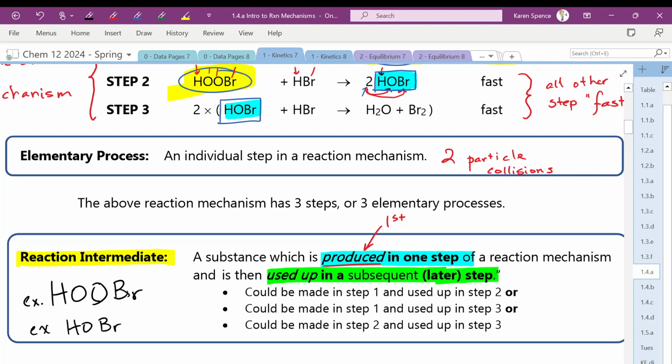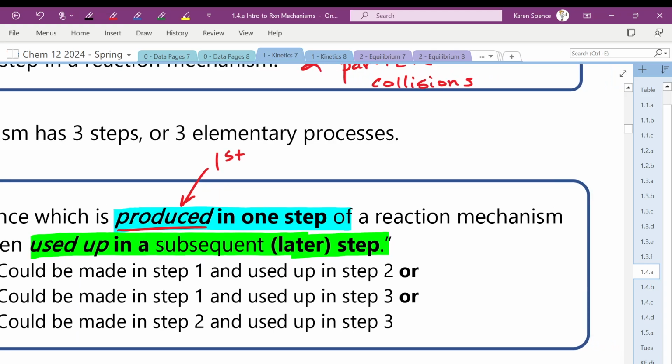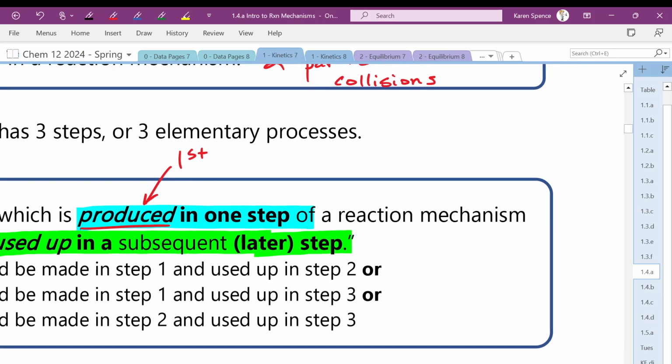in a subsequent step. The reason I put the word subsequent in there is because you might hear that and say, what the heck is subsequent? The word subsequent means later. Think of sequence, the order of things; subsequent comes after.